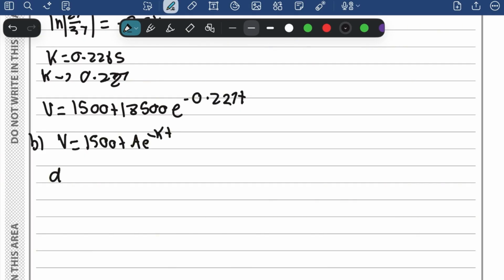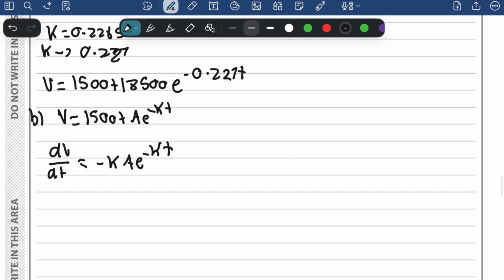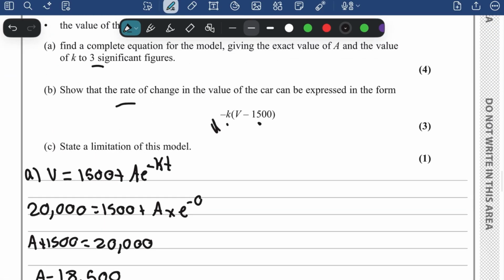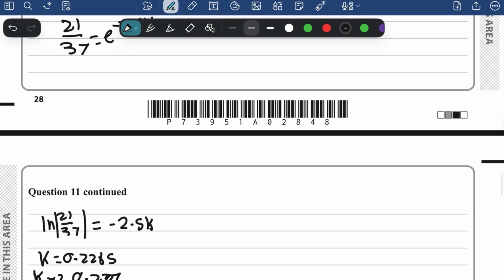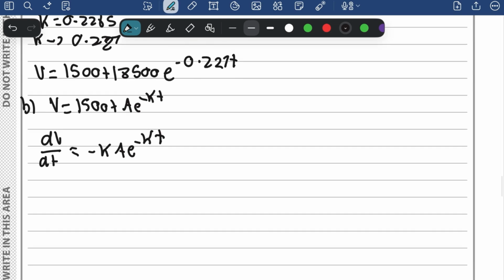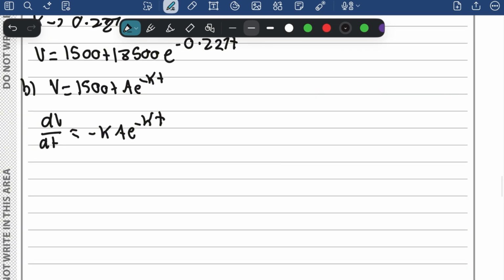So if we take dV over dt, 15,000 becomes 0, and A e to the power of minus kt is going to become minus k A e to the minus kt, right? Which is pretty nice. We see that we now have this minus k, which we wanted. And now we just want V minus 15,000 somehow. So we're thinking substitution, right?